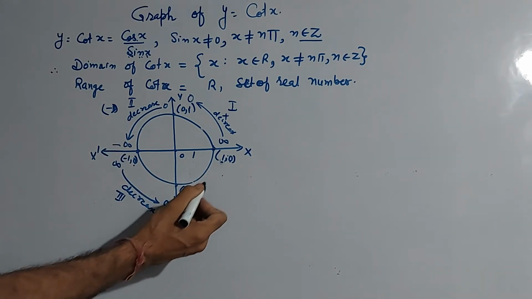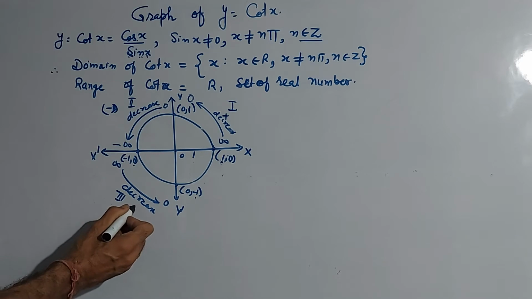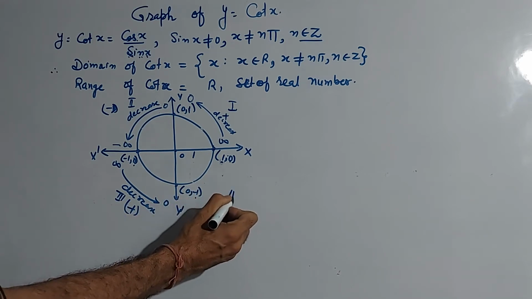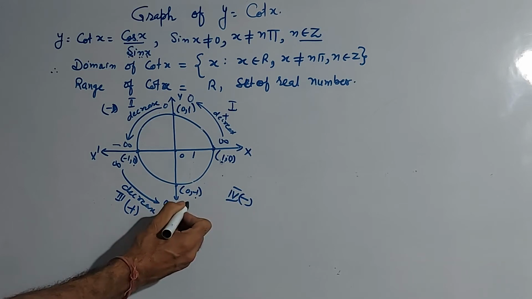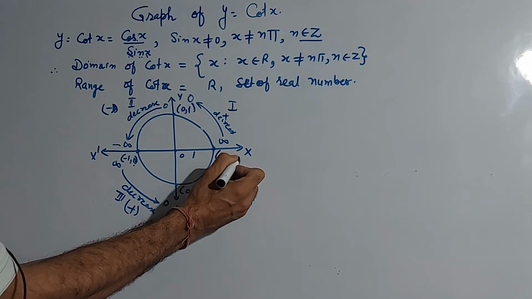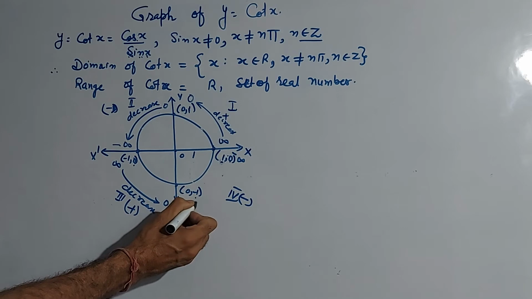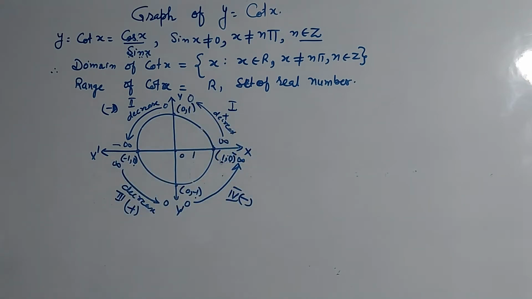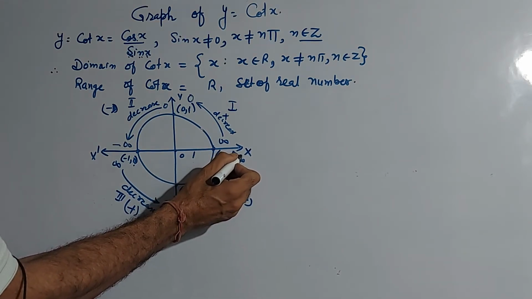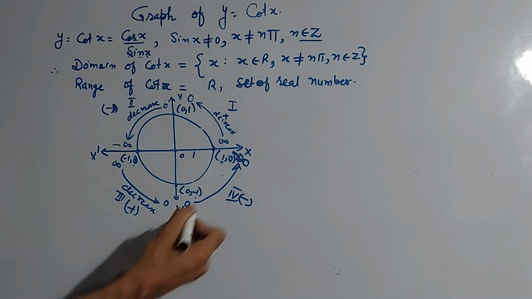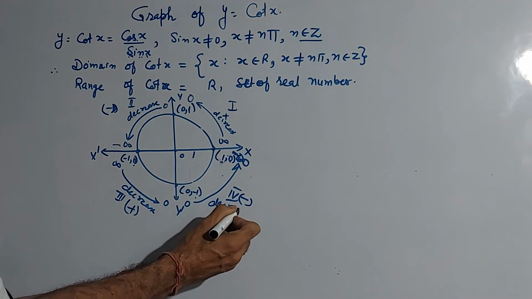In the fourth quadrant cot is negative, and here 0 and here minus infinity, so the value will decrease from 0 to minus infinity, so again decrease.